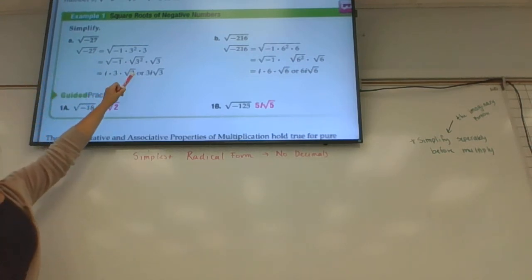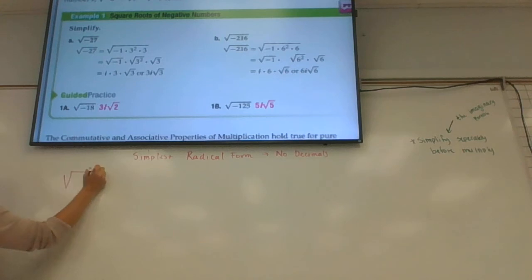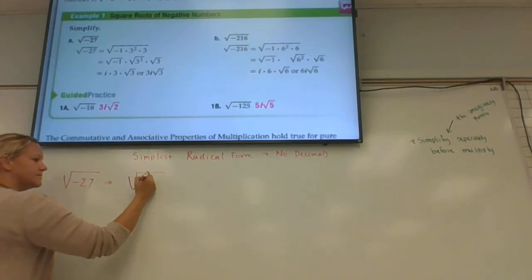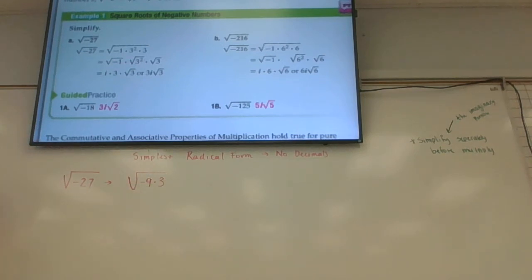So this is confusing the way they broke this down. I'm going to break it down a little bit different. If I had to rewrite negative 27, I look at my list of perfect square factors, and I think, does 27 divide by any of these? And it divides by 9. So I rewrite negative 27 as negative 9 times 3 because it's the same thing.